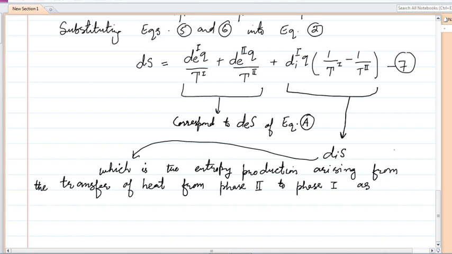It is simply as a result of temperature difference, that means T second minus T first.